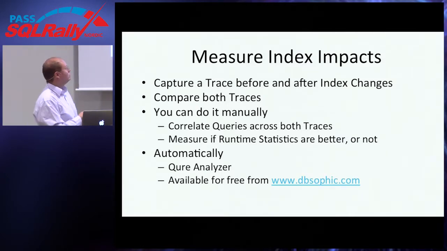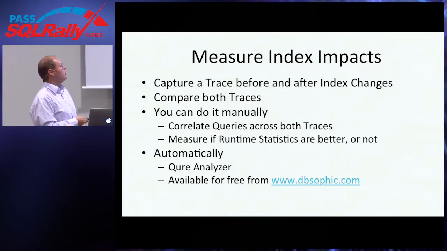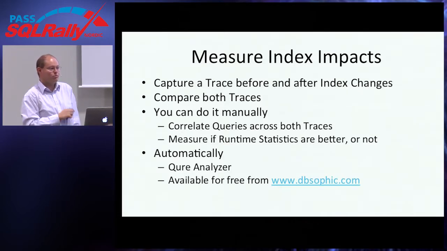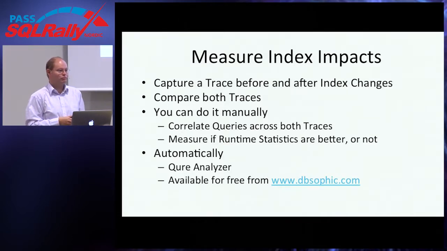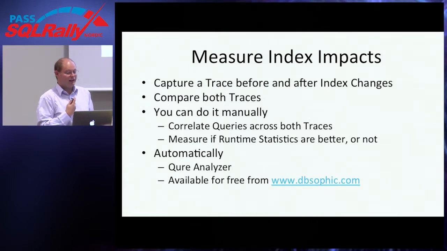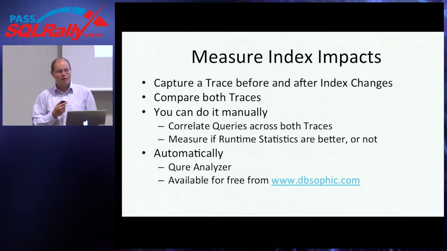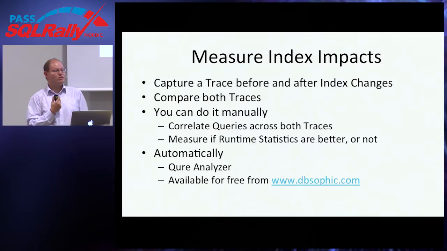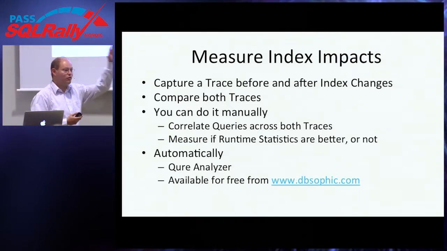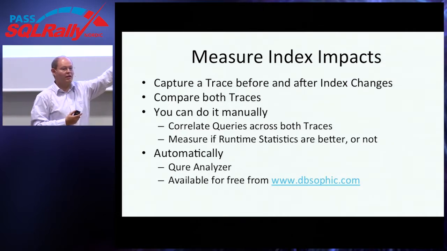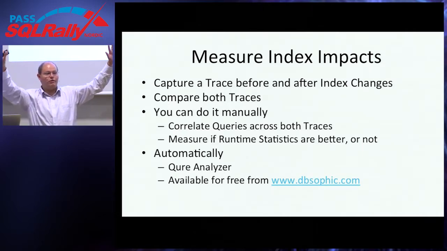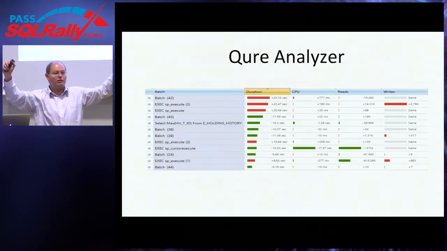There's a tool available called QAnalyzer, which you can download from the company DB-Sophic. It's completely free. And with that tool, you capture runtime statistics of your queries, and afterwards you can compare those runtime statistics: the runtime statistics before we have made our index changes, and the runtime statistics after we have made our index changes.